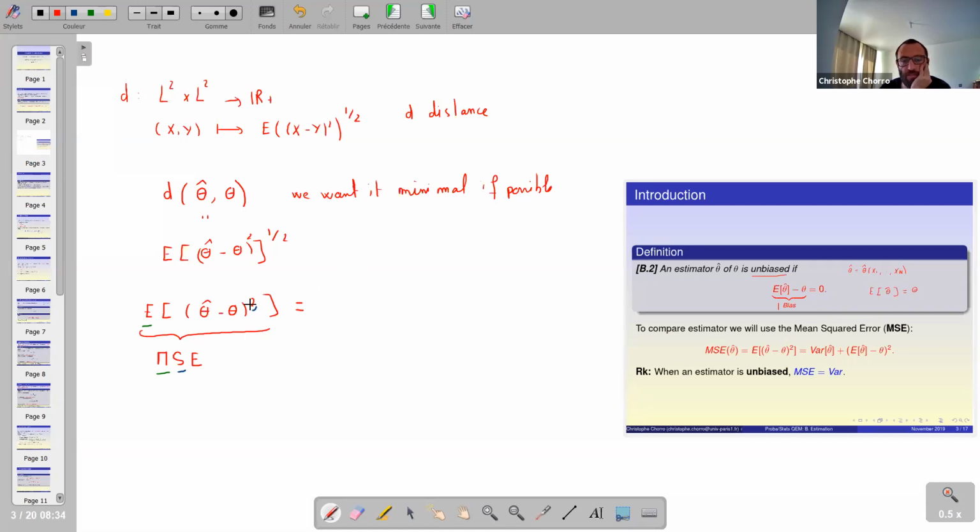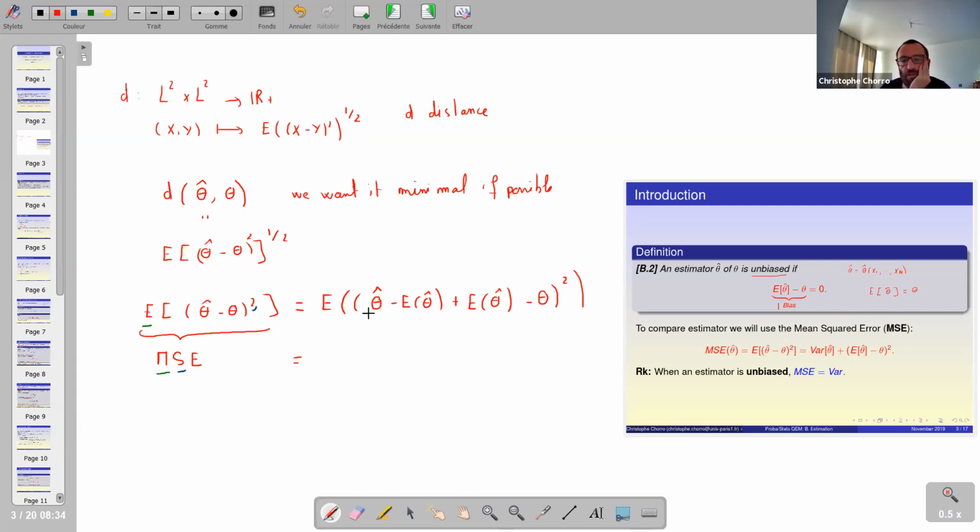The expectation of the square of the difference, and I can introduce in this expression theta hat minus the expectation of theta hat, but if I subtract it, I have to add it, in order to change nothing in my relation here, minus theta, squared, and I can develop this square.